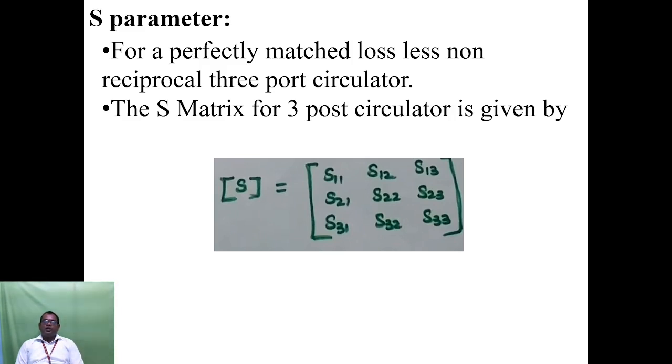Now the S parameters of the 3-port circulator, for a perfectly matched lossless non-reciprocal 3-port circulator. The S matrix is given by S equal to S11, S12, S13 for port 1, S21, S22, S23 for port 2, and S31, S32, S33 for port 3.